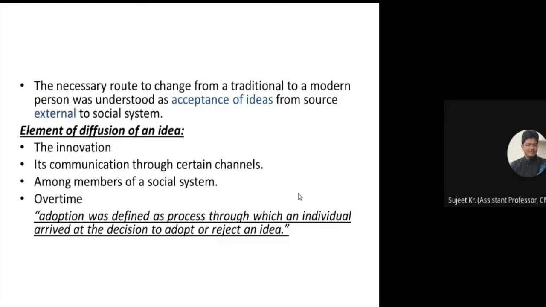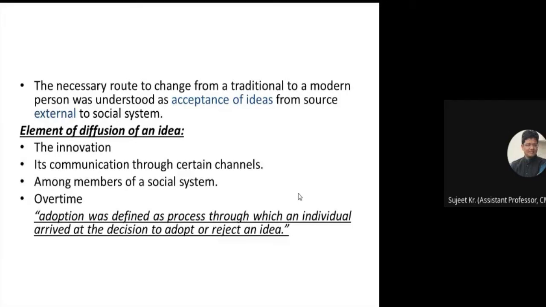And how will it be done? By acceptance of ideas, and those ideas will not come from internal sources. It means the society's indigenous ideas may not help traditional societies to become modern, but obviously that idea will be external to the social system.